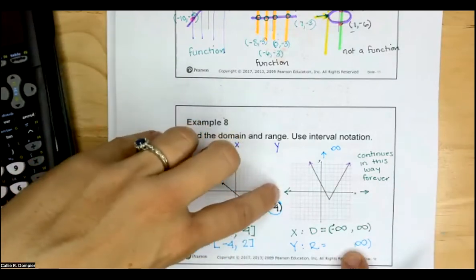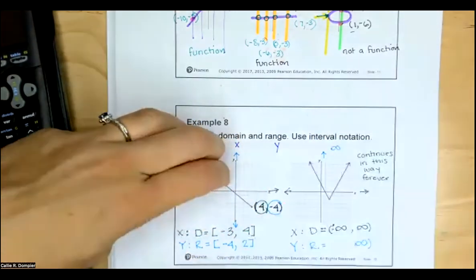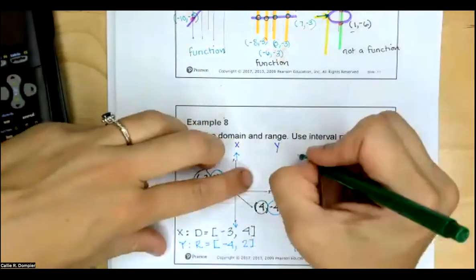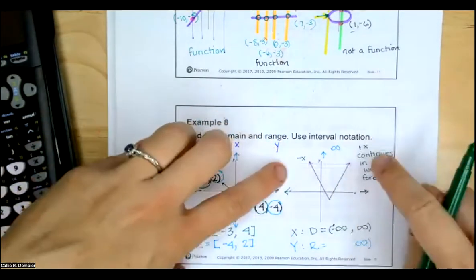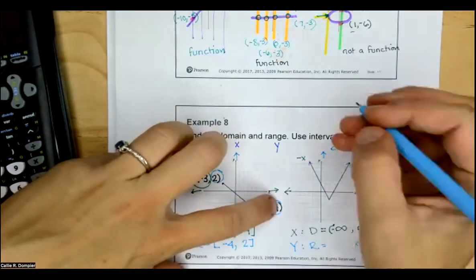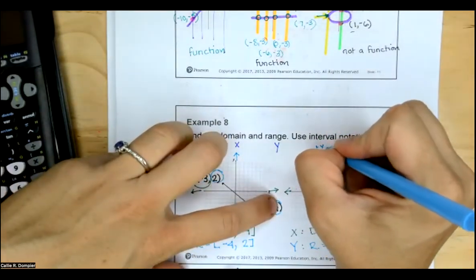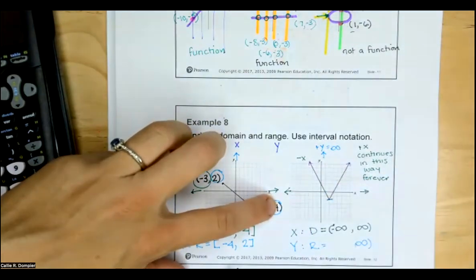But here we had arrows going towards negative x. These are my negative x values and they go on forever. Here are my positive x values and they go on forever. Here we have positive y going to infinity, but it does start somewhere, right?